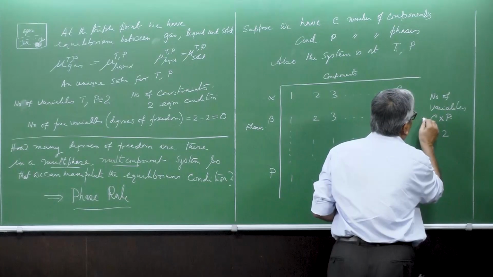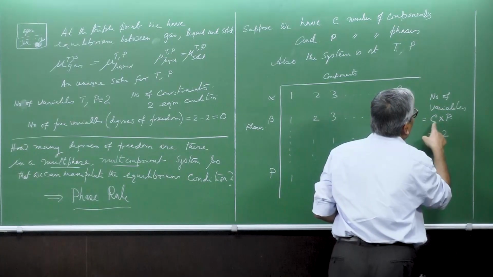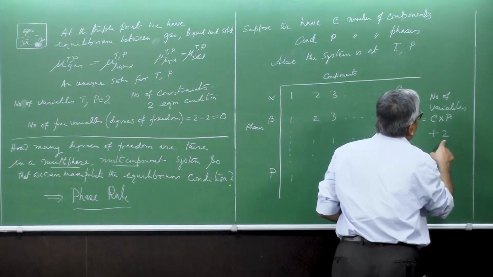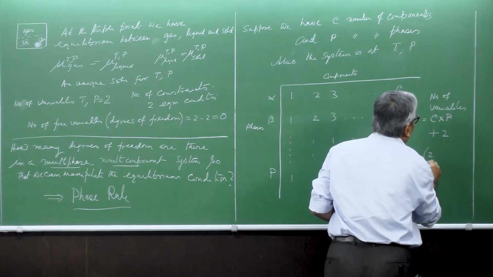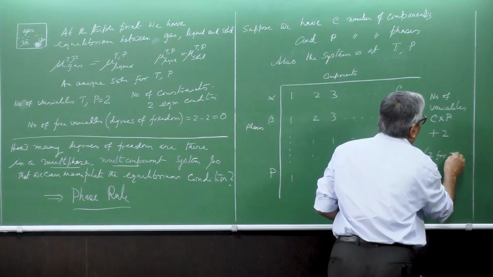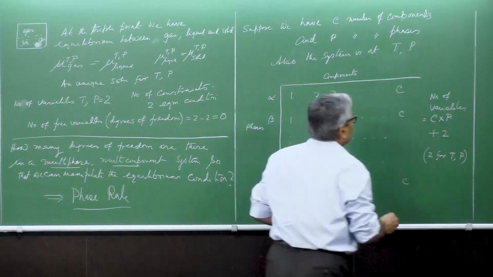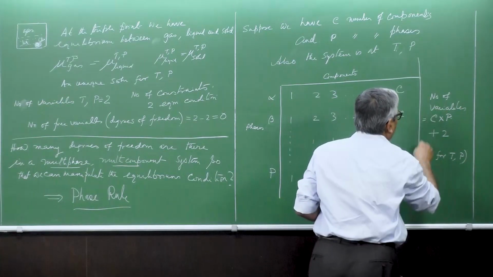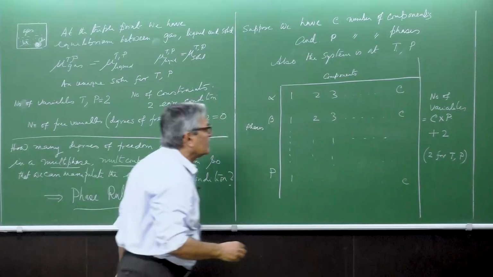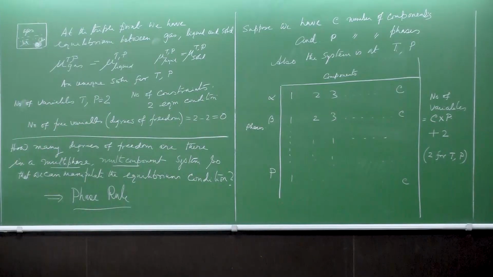That is, the number of variables is equal to Cp plus 2, for temperature and pressure. They are variables. So this is fine.